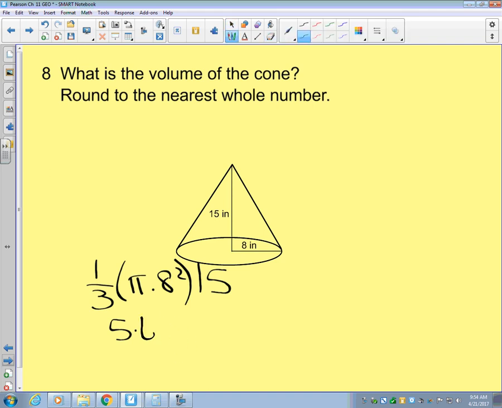Not sure why I wrote 2. And there's a pi. 5 times 60 is 300. And then 5 times 4 is 20, so that's 320. And that would be inches cubed.